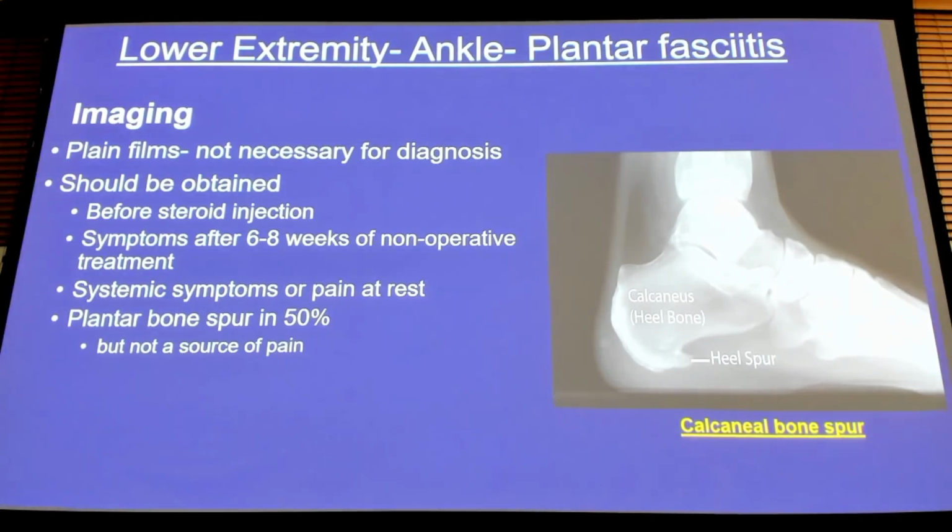Remember the mechanism we just talked about is that constant trauma and pulling on its attachment. So if it ruptures, the patient immediately feels a little better, right? So then we didn't really mind if you had a rupture of the plantar fascia. However, that's not what you want, right? Okay.